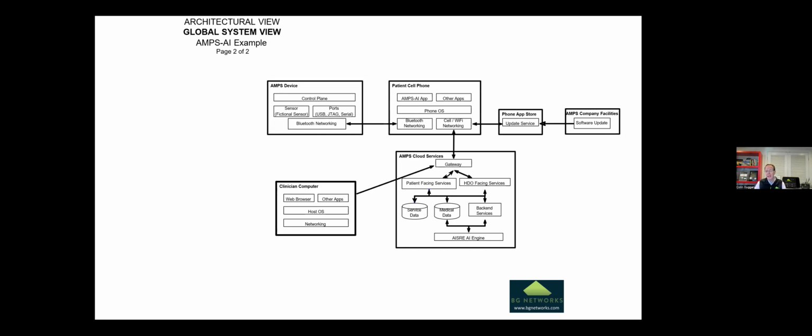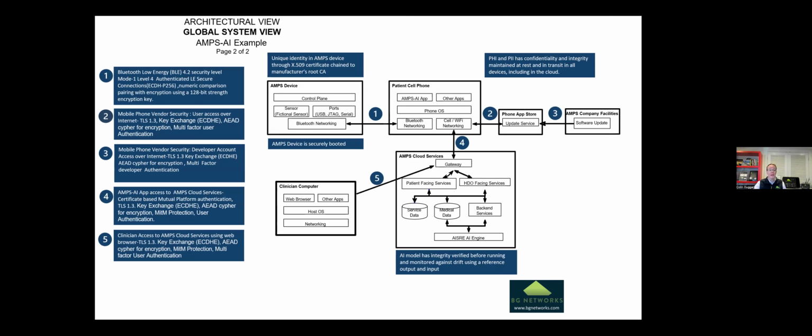And I think when we did it for this device, we had something like 26 assets or so that we identified, which are all represented on the diagram here. There might actually be more. Maybe it's over 30. So here are the paths. And like Milton was explaining, the FDA wants to see that there is security on all these network connections. And so in the global system view, we just try to make it simple and show that all these network connections are secure.